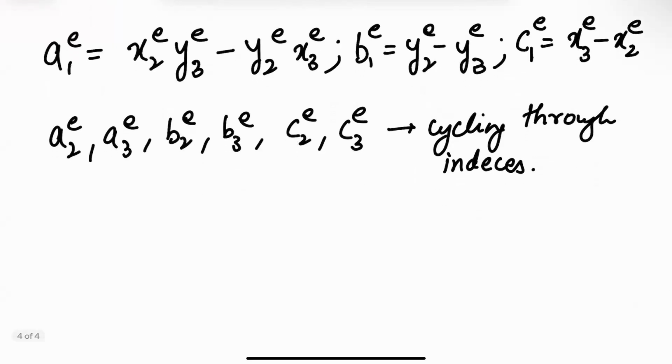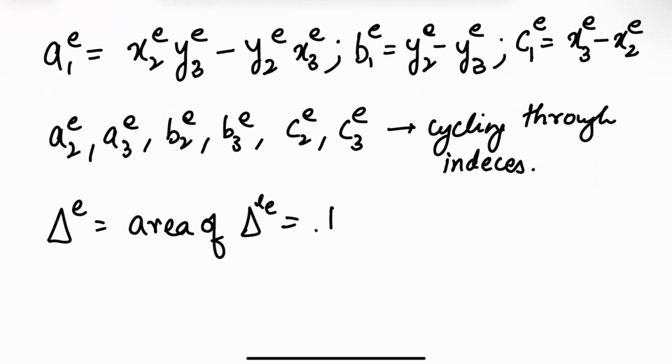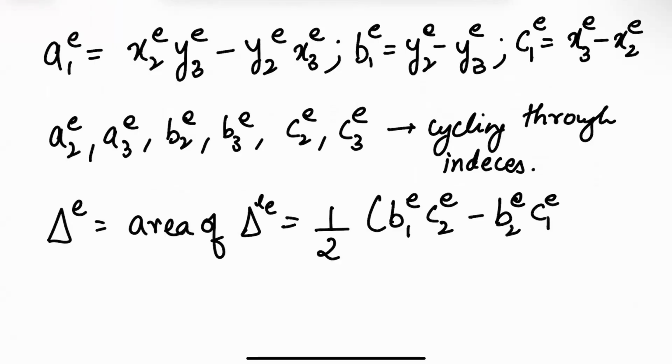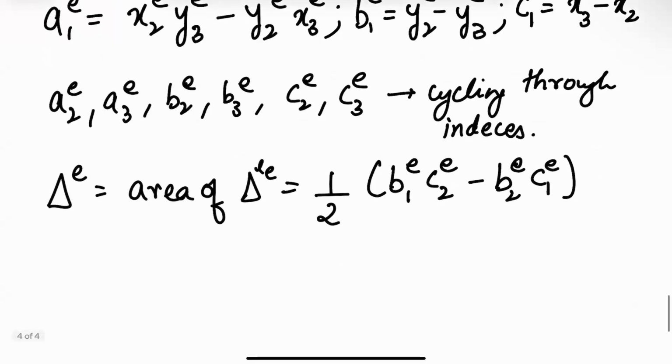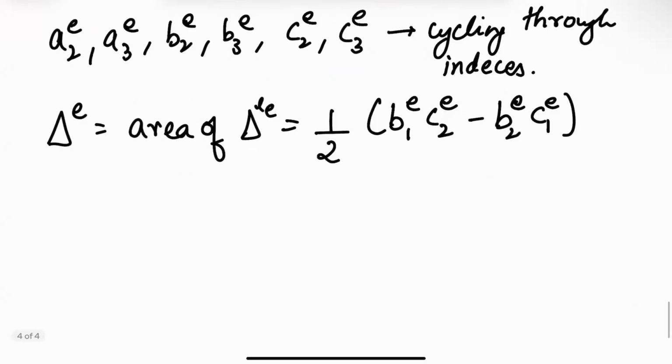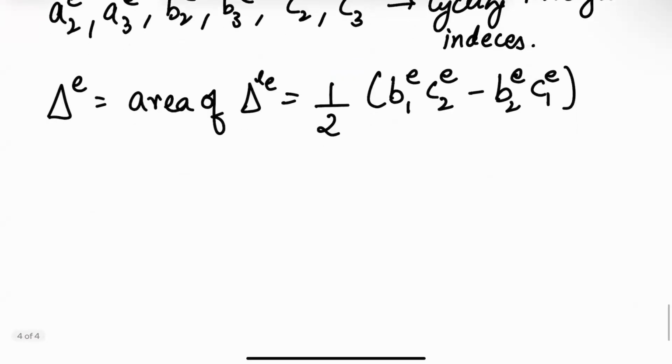Okay, that's one of the nice properties of these functions as well. The area of the triangle is nothing but 1/2 (b_1^e c_2^e minus b_2^e c_1^e). And that also you can show. So these are all well-known results, nothing new.